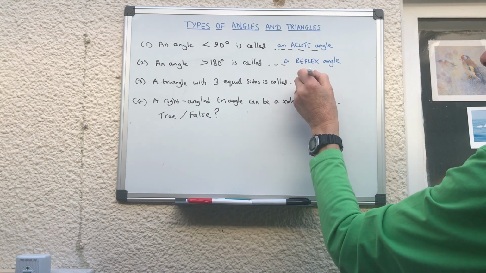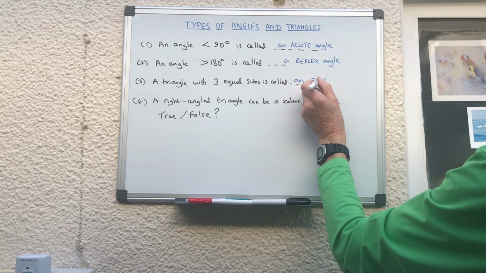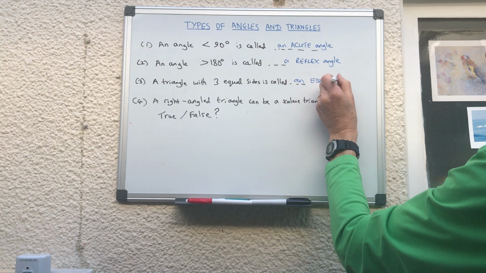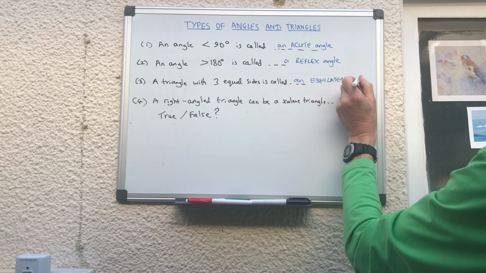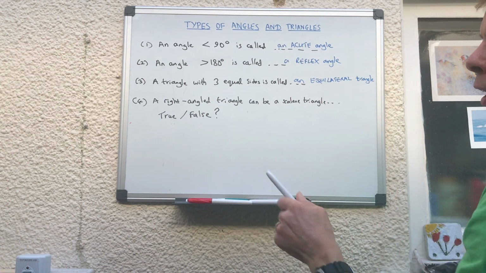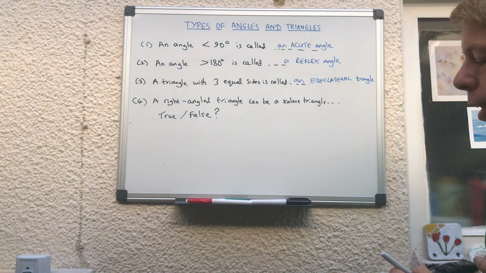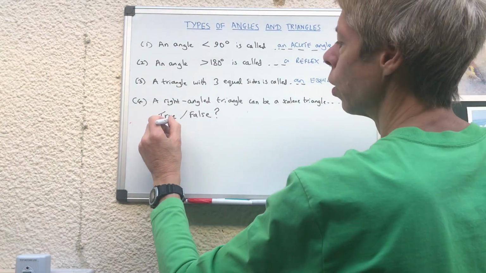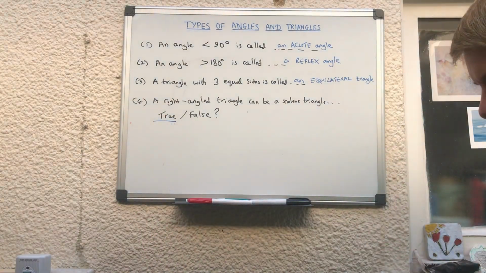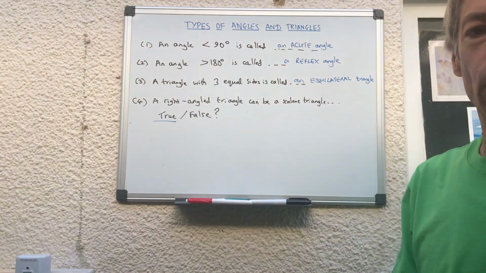A triangle with three equal sides is called an equi, meaning equal, lateral triangle. And lastly, a right angled triangle can be a scalene triangle. Yes, it can. It could also be an isosceles triangle.